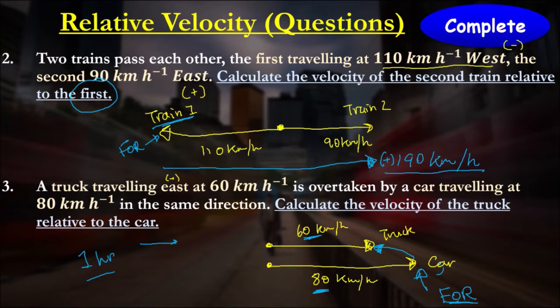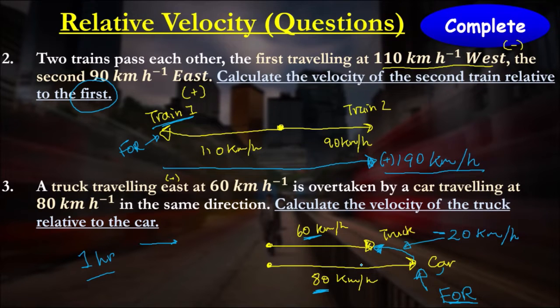So according to the car's perspective, the truck is behind it by exactly 20 kilometers. Now, because the arrow is going backwards, it's a negative value, and because it's after 1 hour, it would look to the car as if the truck is traveling at 20 kilometers per hour negative, in the opposite direction of it.